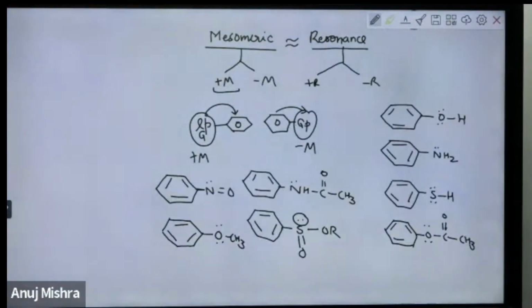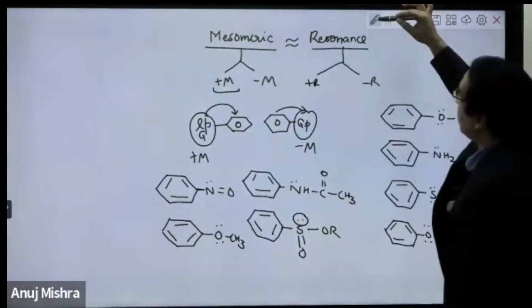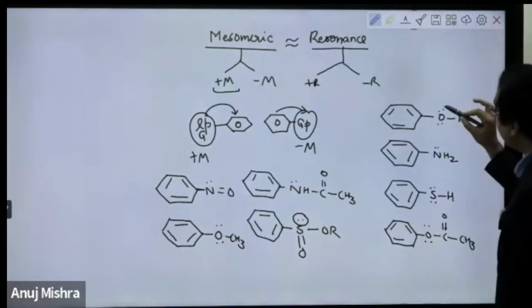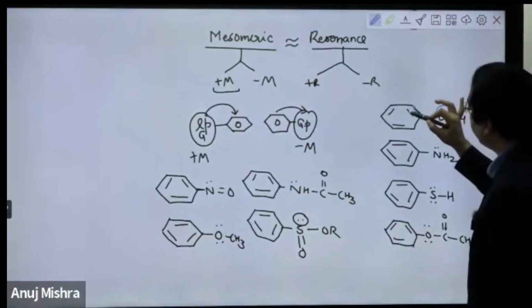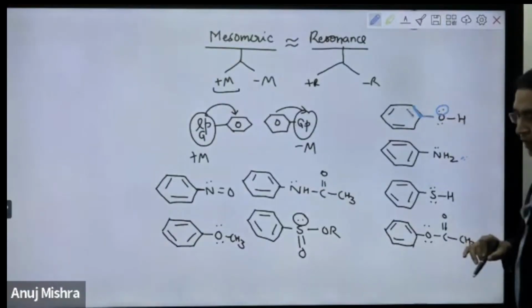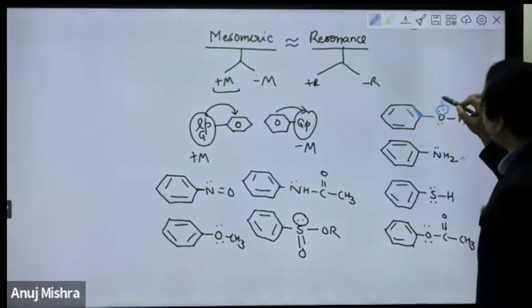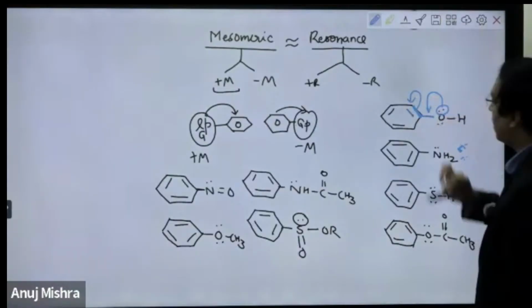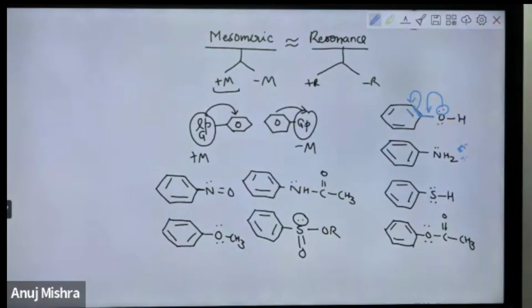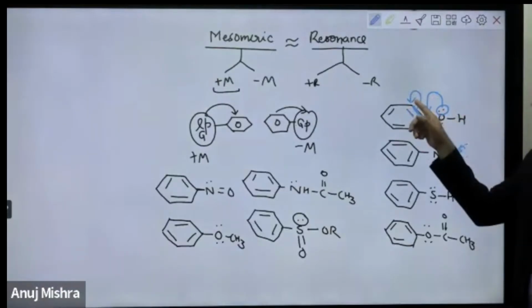Now coming to the next part, what will happen because of this lone pair? Due to this lone pair, we have lone pair, single and double bond formation, and this formation will act in this way. This lone pair will push electron, and you can create a negative charge at this place, right?